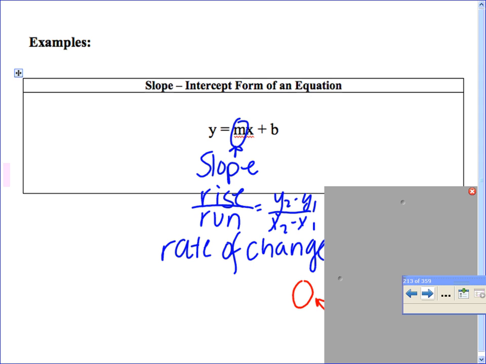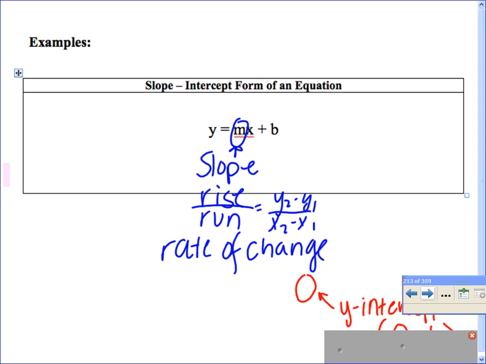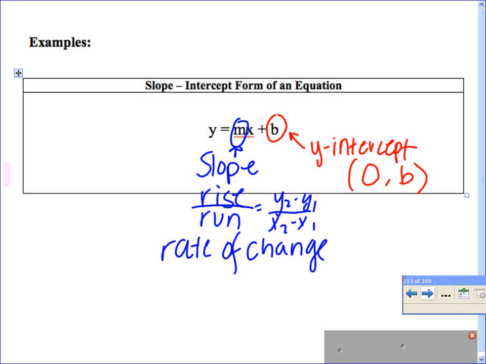Anyone remember what the B is called? Donatus. Good, the B is the y-intercept. I want you guys to circle the B, write down y-intercept, and write it as 0, comma B. We always write the y-intercept as an ordered pair.